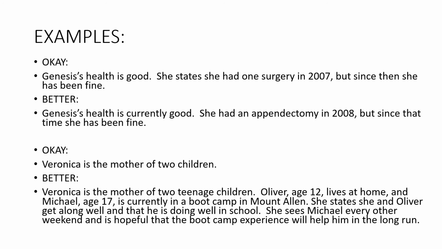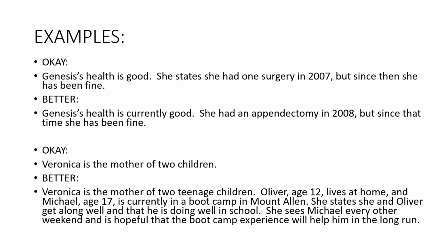Okay. Here's another okay one, which is Veronica is the mother of 2 children. Right? That sounds like something you probably would write. Here's a better way of writing it. Veronica is the mother of 2 teenage children. Oliver, age 12, lives at home, and Michael, age 17, is currently in boot camp in Mount Allen.